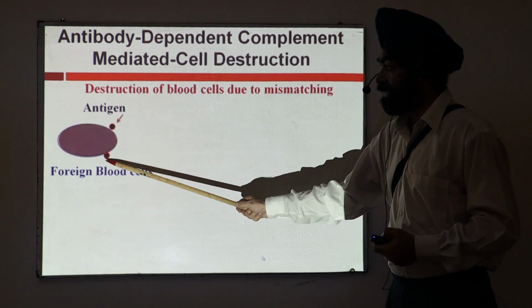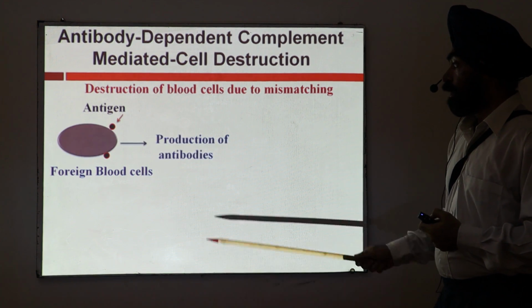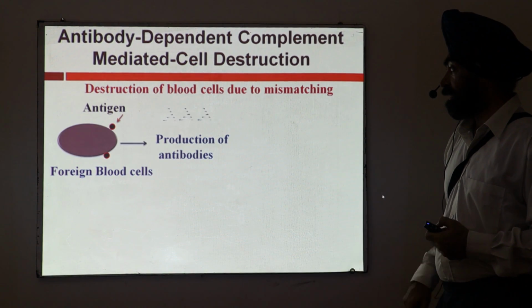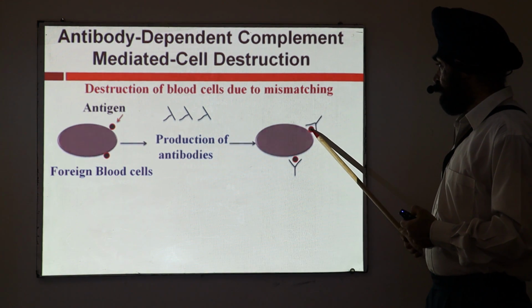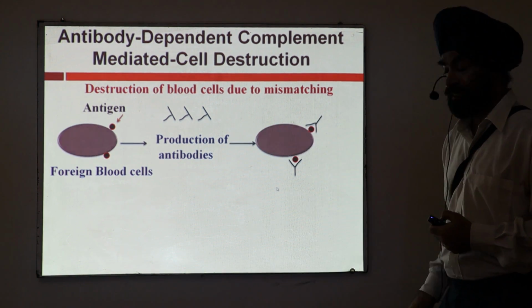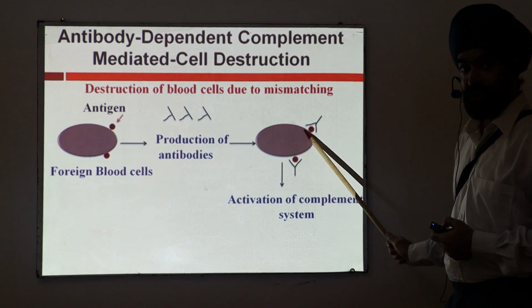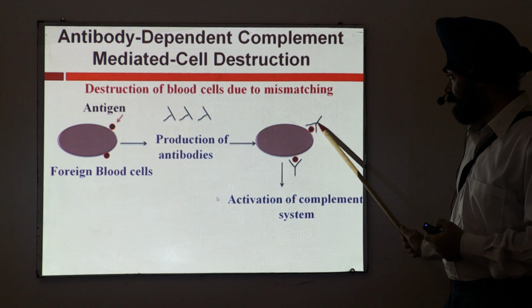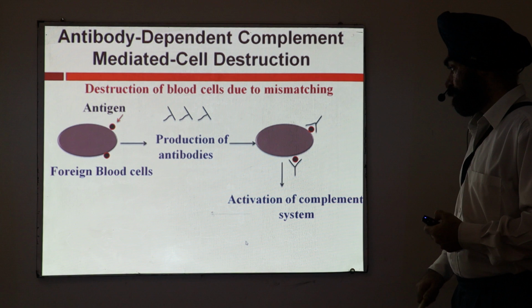Here are the antigens which are not similar, which are different from our cells. So it will lead to production of antibodies. Let's say these antibodies are produced. These antibodies will attack these antigens, but they will not destroy them. Rather, this interaction will lead to activation of the complement system.